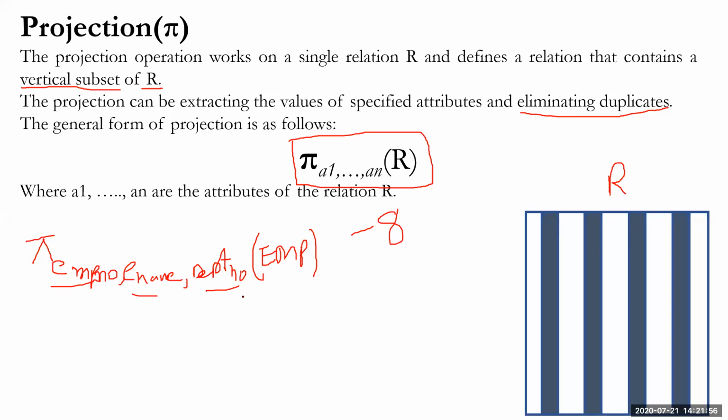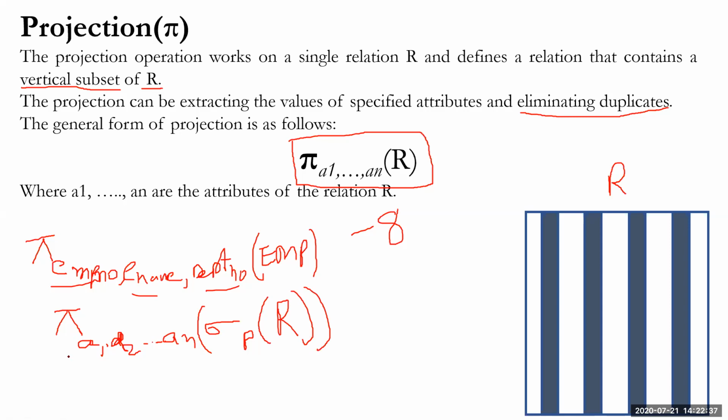In a vertical subset also, if you want to restrict some more data, you have to operate projection over selection. How could that be? Pi of attribute 1, comma attribute 2, comma and so on, comma attribute n of sigma predicate p of the relation R. If you want to do some kind of restriction, you have to operate like this.